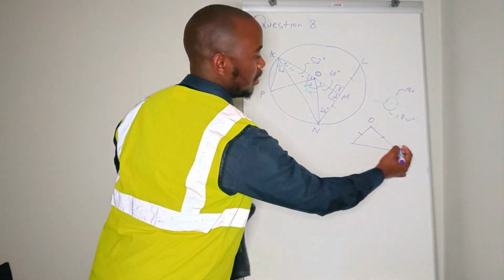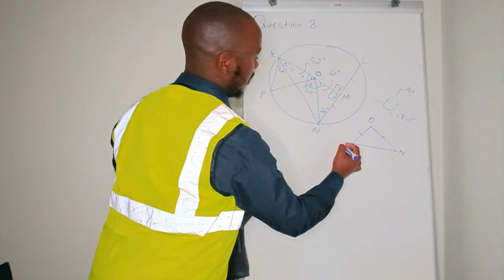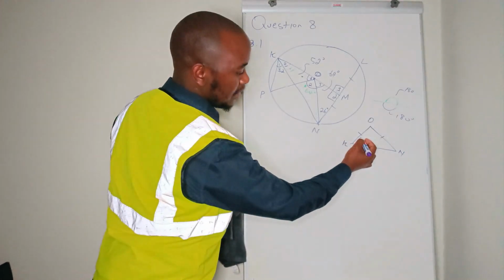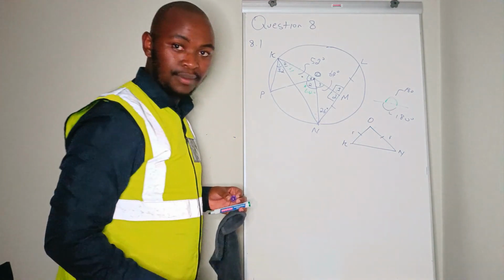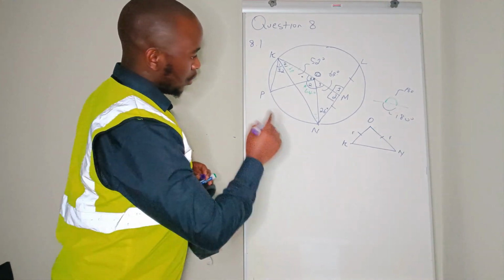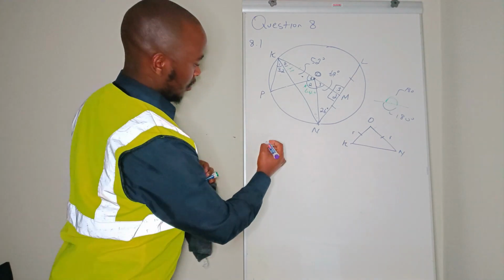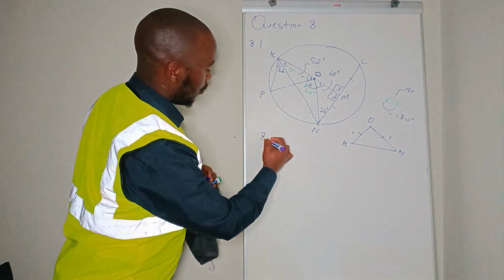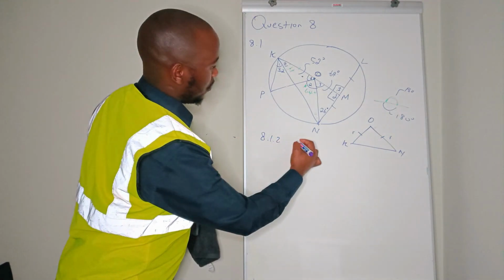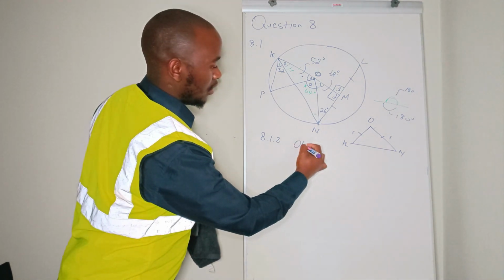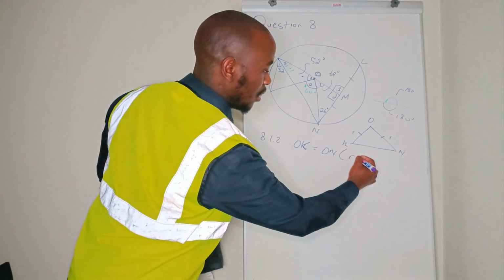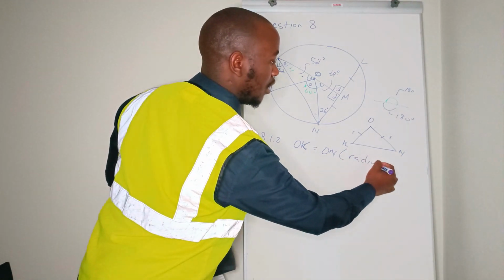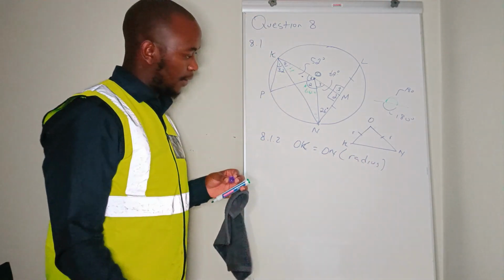So if we look at this as O, N and K, we have this as the radius and this is the radius. So these two are equal. So we start there. Okay, 8.1.2, OK is equal to ON, those are radii.